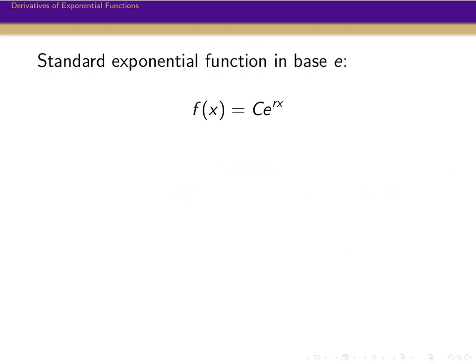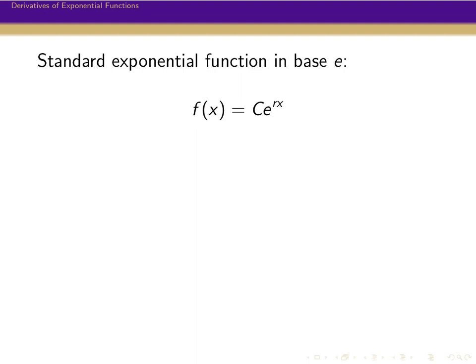Okay, so especially when we're doing calculus, because e to the x is its own derivative, it is such a nice, wonderful function to take a derivative of, because it is just itself when you take the derivative. Rather than worry about exponential functions in all different bases, anytime that we're going to be wanting to use calculus, it's always going to make the most sense to rewrite it in base e.